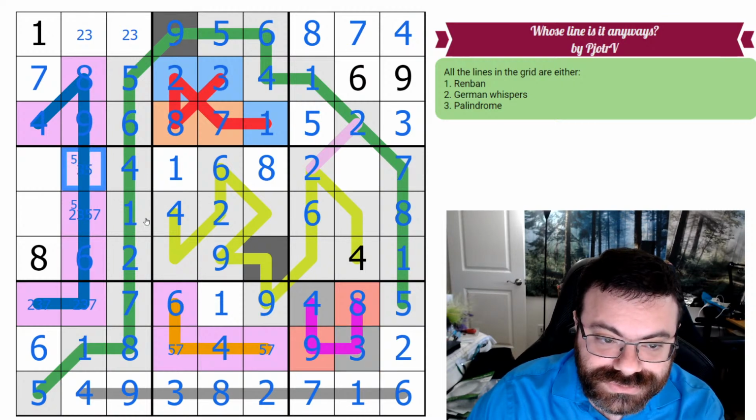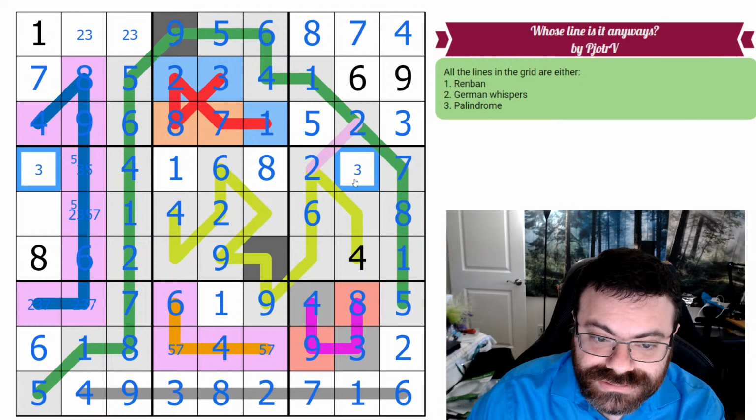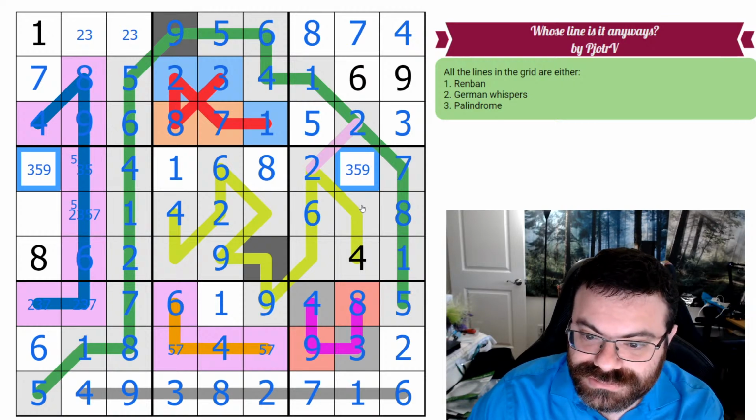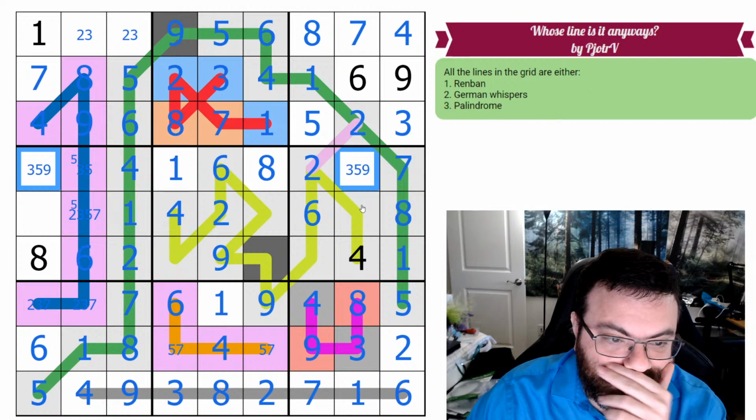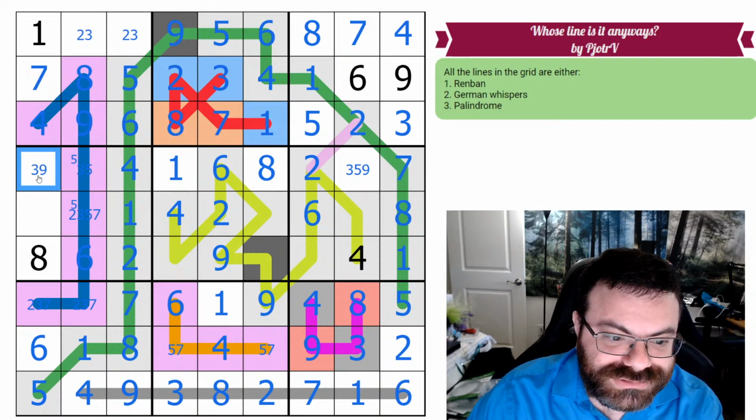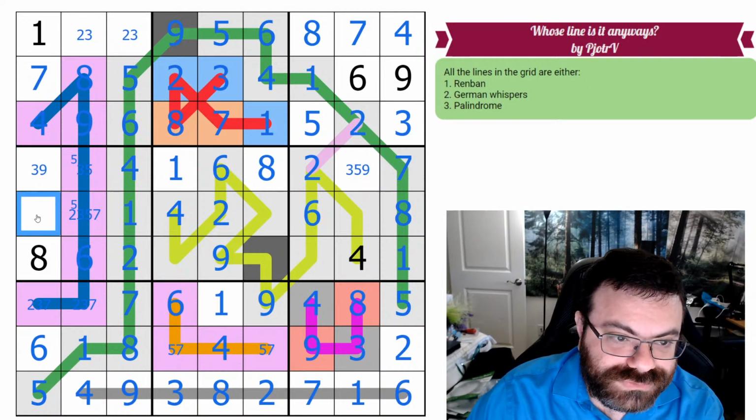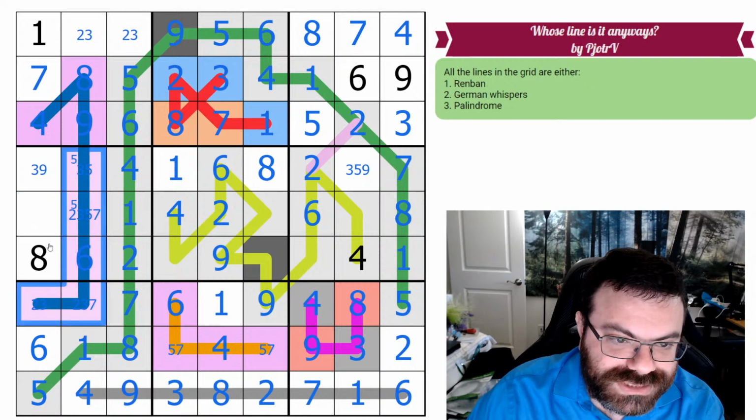Or 2. What do we need? We need 3, 5, and 9, it looks like. This can't be 5. This can't be 7. Ugh, these are so hard to see.